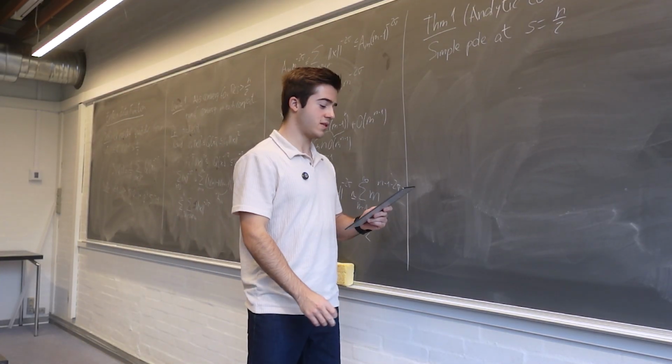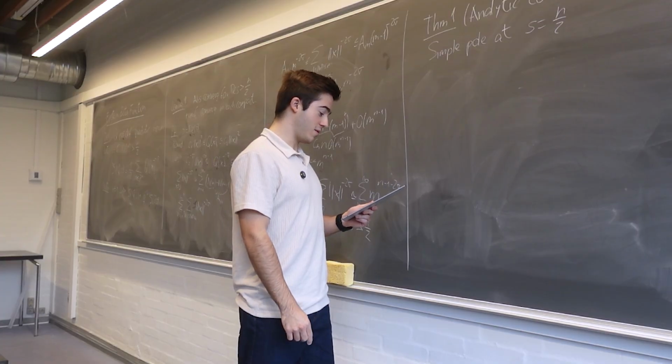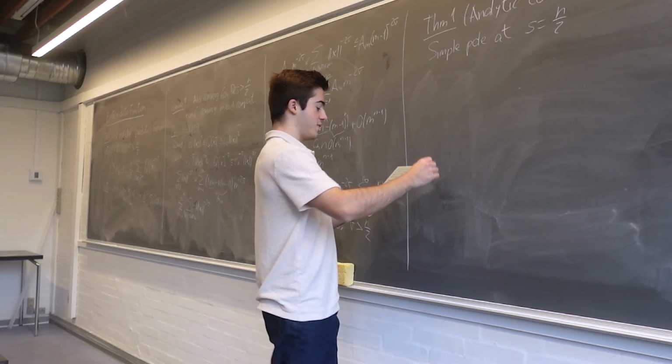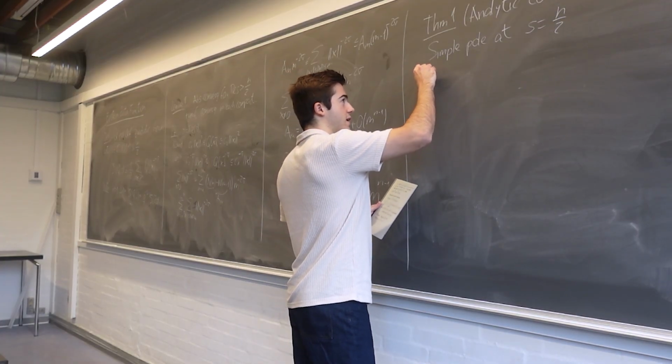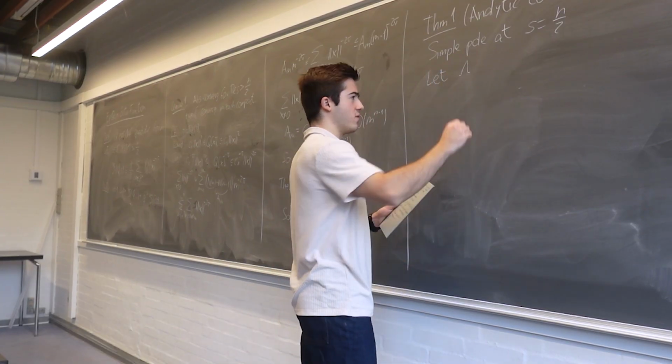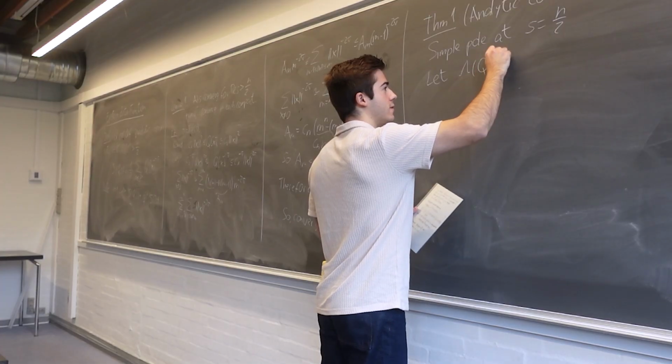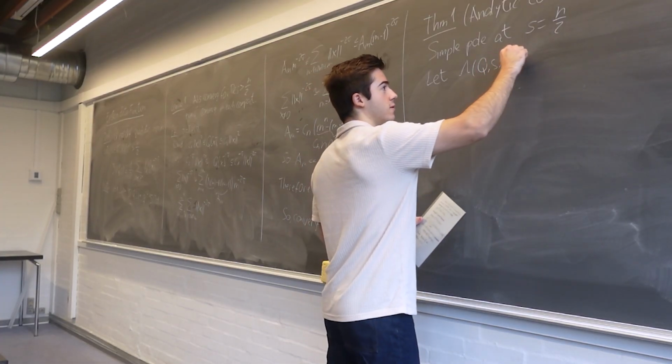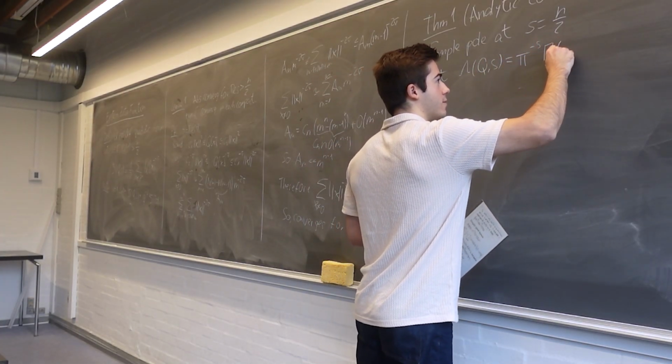Okay, the theorem actually says the residue. I'm not going to write it, and I'm not going to prove it as well. But we define this kind of complete Epstein zeta function this way.